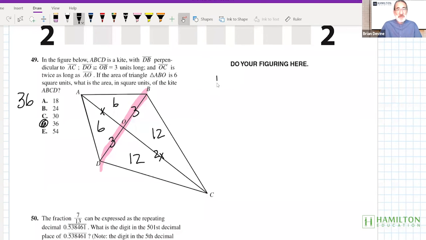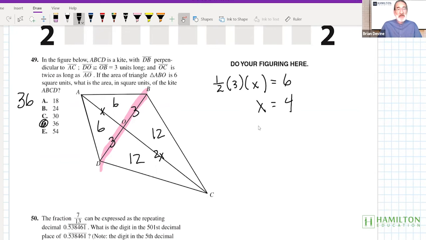Now I could have used 1/2 of the base of AOB times the height is equal to 6. I would have found that X is going to be 4.